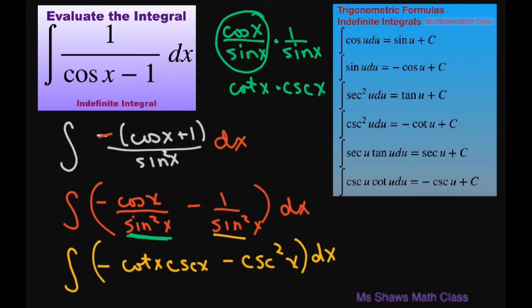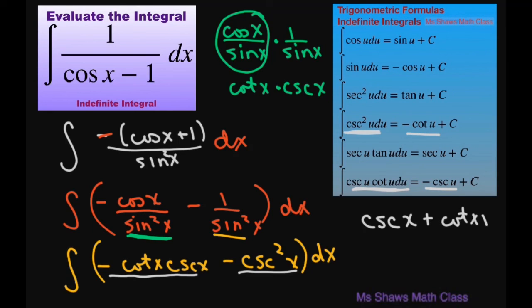For this piece here, it's negative cosecant, but we have a negative, so it's going to end up being positive cosecant of x. And the integral of cosecant squared is negative cotangent, but we already have a negative, so that's going to be plus cotangent of x. And then don't forget to add your unknown c.